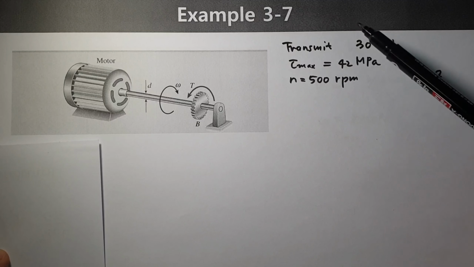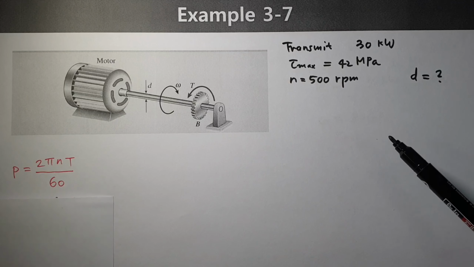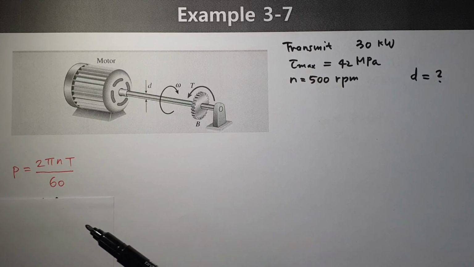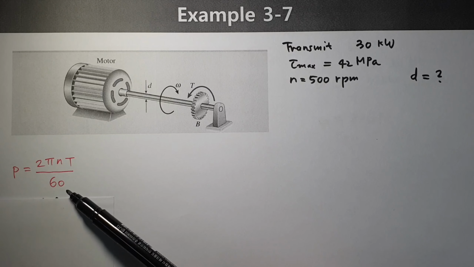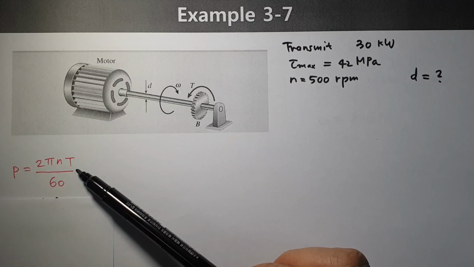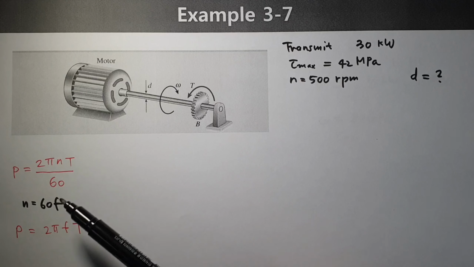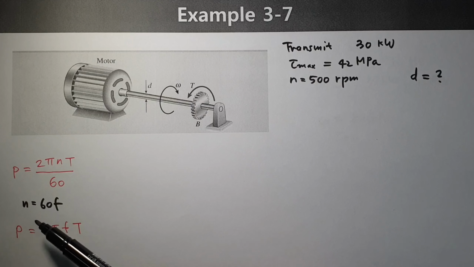Based on this kind of information, you would like to calculate the diameter of the shaft. In order to find the diameter of the shaft, we can apply this formula. The power relates to RPM and torque. Of course, the RPM is 60 multiplied by frequency.